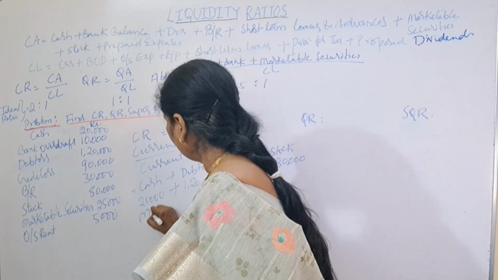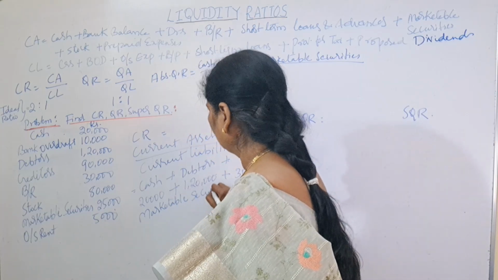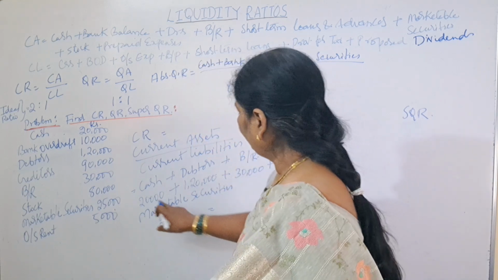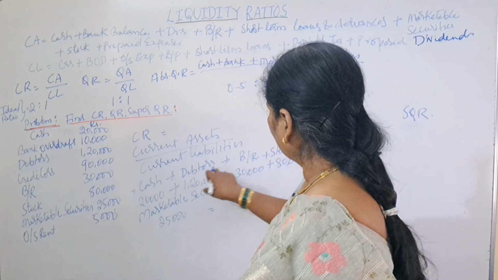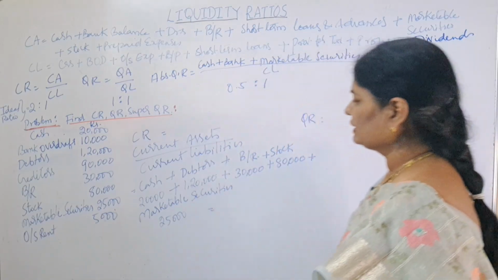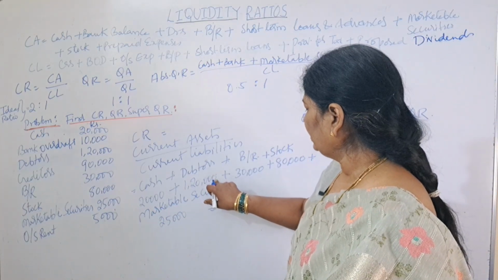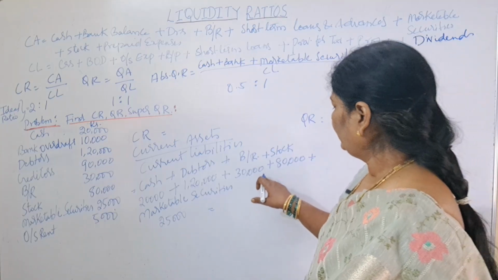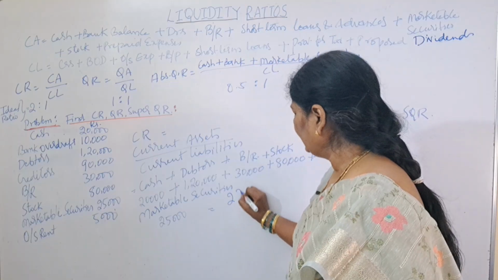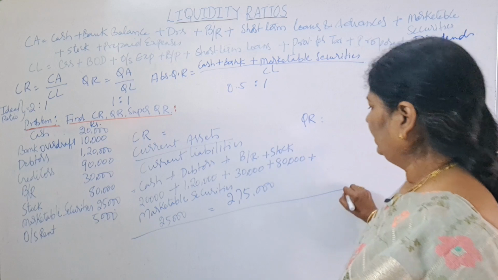Next, marketable securities 25,000. So if you add cash, debtors, bills receivable, stock, and marketable securities, then we get 20,000 plus 1,20,000, 1 lakh 40, 1 lakh 70, 2 lakh 50, 2 lakh 75,000 as current assets, right? Divided by current liabilities.